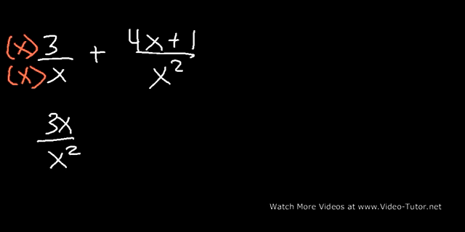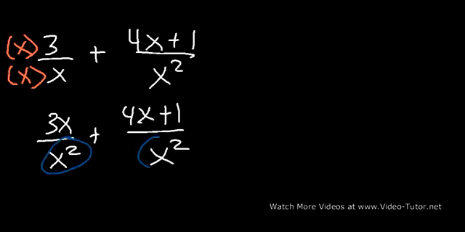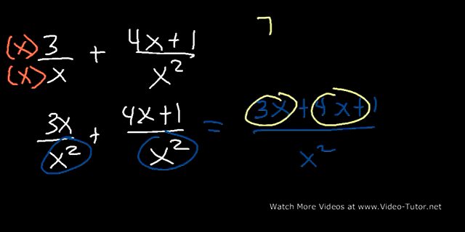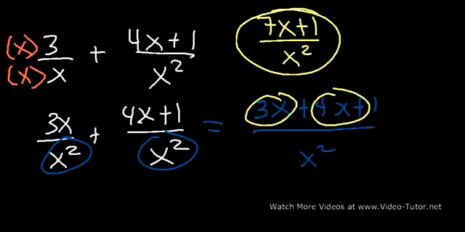It's going to be 3x over x squared plus 4x plus 1 over x squared. Once these two are the same, we can write this as a single fraction, which is going to be 3x plus 4x plus 1 divided by x squared. And here we have like terms, so we can add those two. 3x and 4x is 7x. So it's 7x plus 1 divided by x squared.